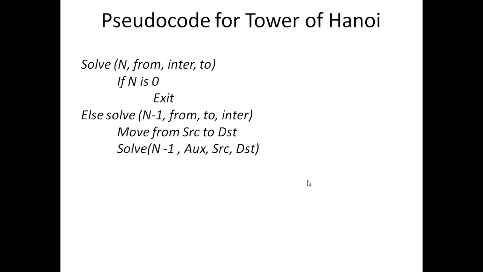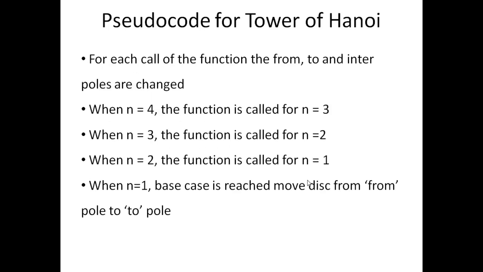Else, we solve with an input of n-1, from, inter, and to. Then we move from the source to the destination, and we need to call solve again, where the input is n-1, auxiliary, source, and the destination. So this is the pseudocode for solving the Tower of Hanoi. For each call of the function, the from, the to, and the inter are used.